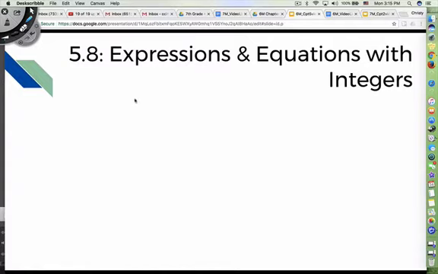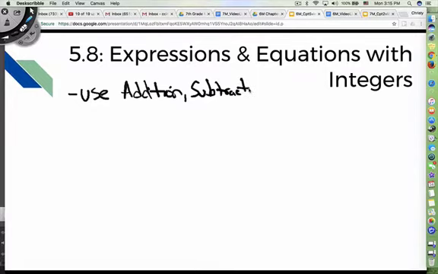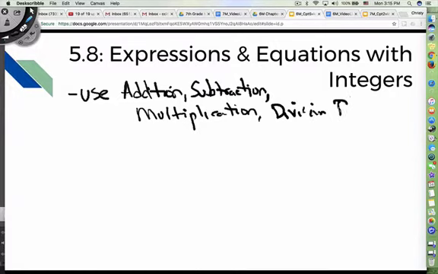In this section, let's just remind ourselves that we want to use the addition, the subtraction, the multiplication, and the division properties of equality.